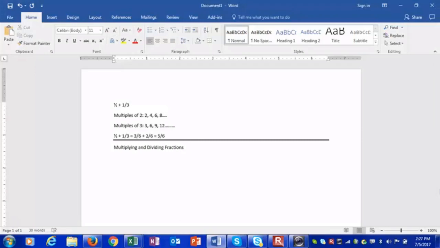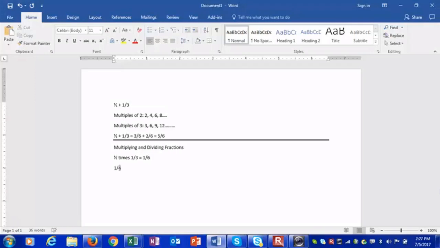What does it mean to multiply and divide fractions? Well, first of all, it's similar to what we did in addition, except it's a different operator in the middle. It's a multiplication in the middle. So, for example, 1/2 times 1/3. Now we're multiplying numerator by numerator, and then denominator by denominator. So 1 times 1 is just 1. 2 times 3 is just 6. That's it. That's all you have to do.